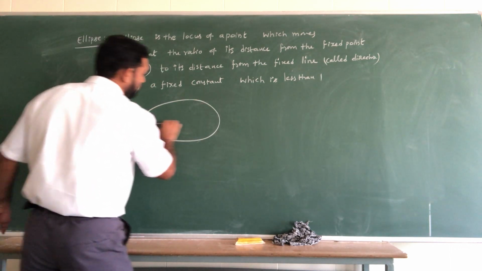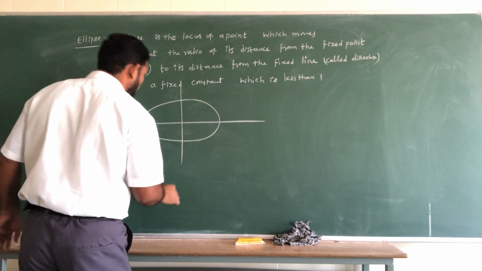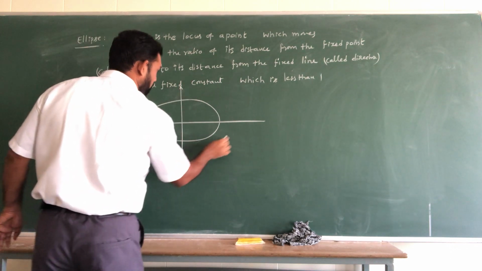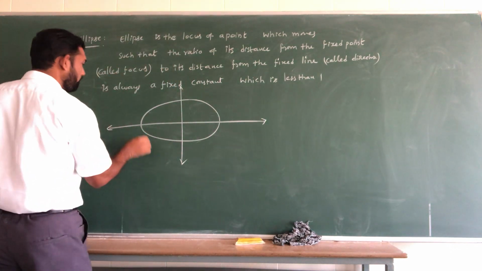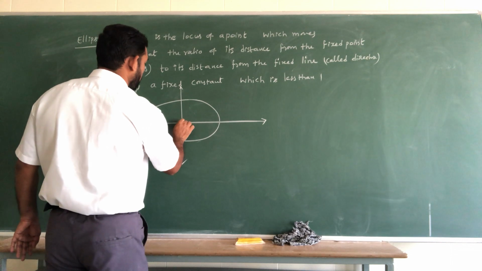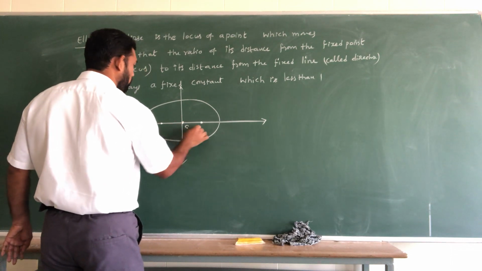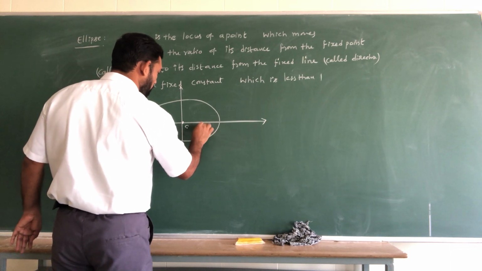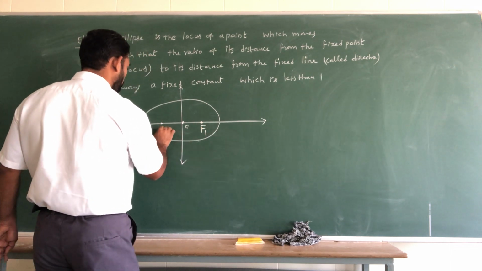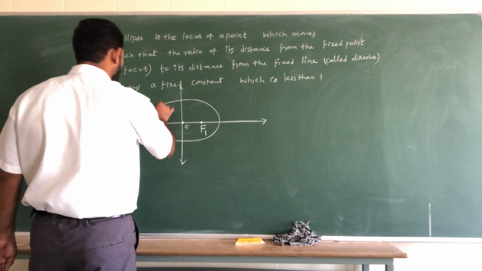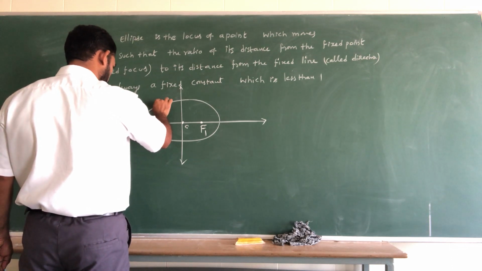This is our ellipse. This is our axis. This is our center. So this has two foci, F1, F2, and two directrices.